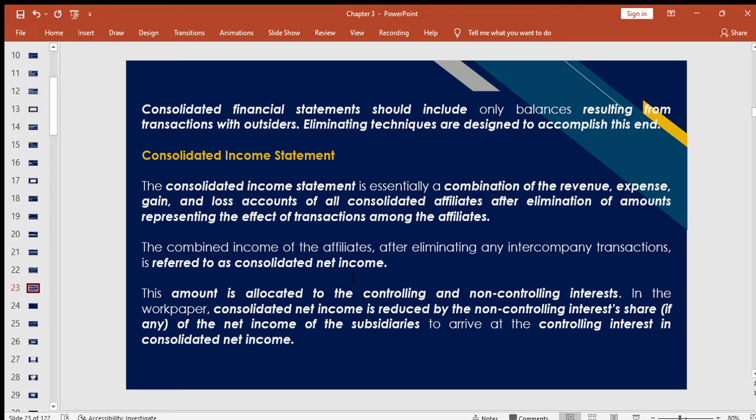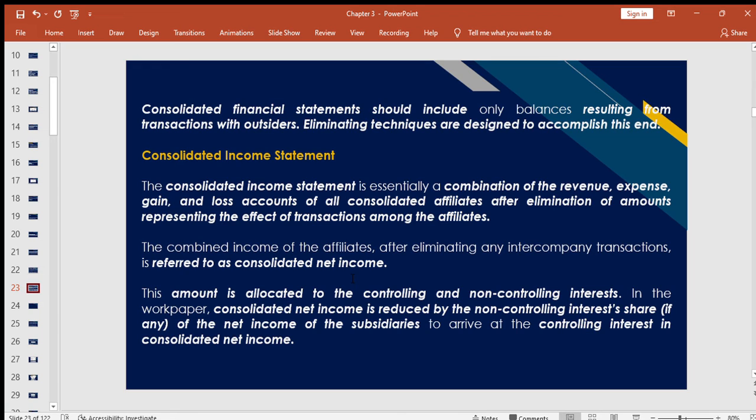The consolidated income statement is essentially a combination of the revenues and expenses. The combined income of the affiliates after eliminating any intercompany transactions is referred to as consolidated net income. This amount is allocated to the controlling and non-controlling interest in the workpapers.